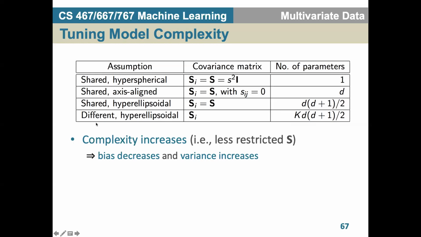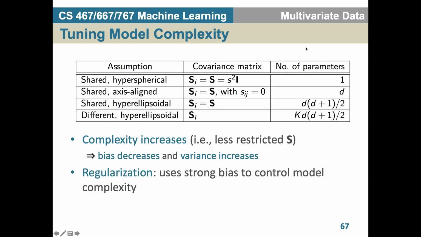So model complexity increases as we make it more general, but the bias will decrease. But if you don't have enough data, your variance will increase and it will overfit on your data. Actually, I think it's underfit.